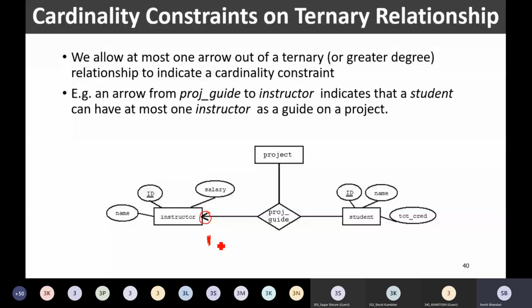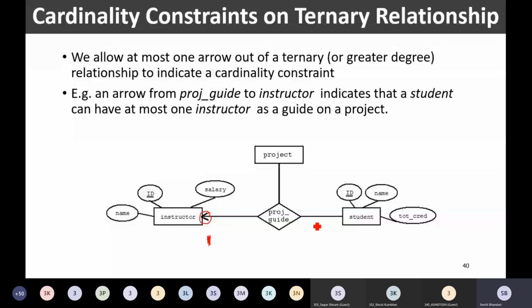So how to interpret now this particular ER diagram? We may say that a student can have at most one instructor as a guide on a project. I'll repeat how to interpret this. We may say that a student can have at most one instructor as a guide for a particular project.